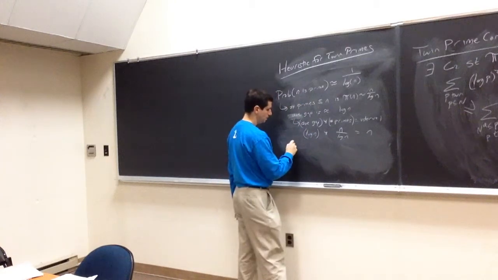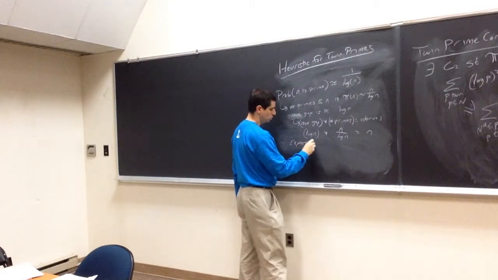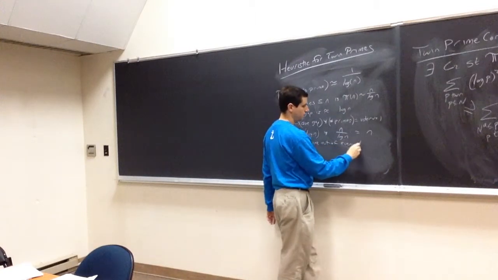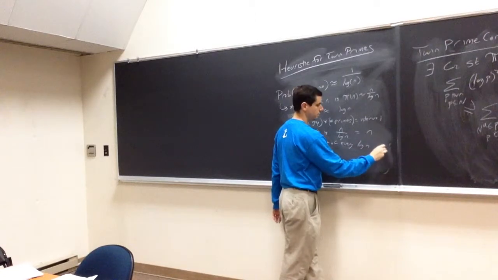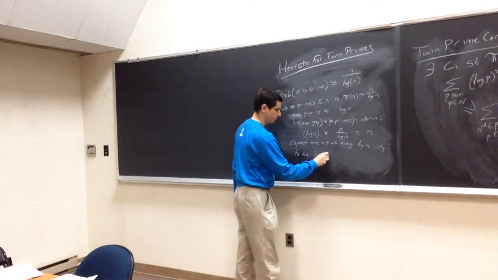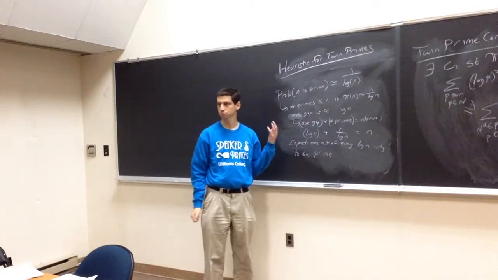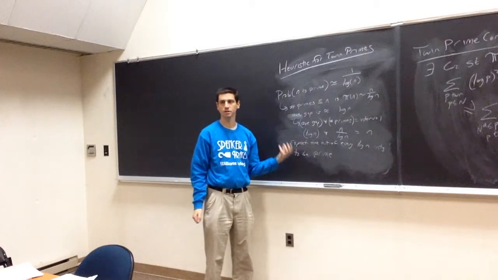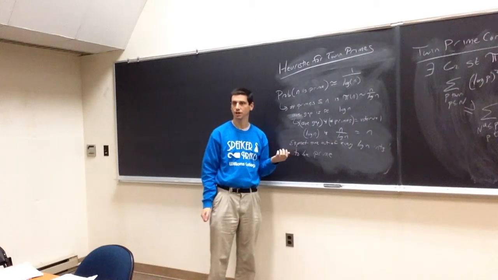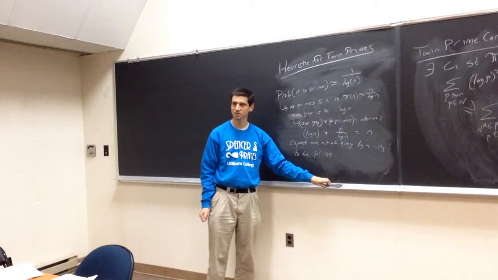So we expect 1 out of every log n integers to be prime. Okay? So as a quick heuristic, the probability a randomly chosen number is prime is about 1 over log n. Do you buy this completely?